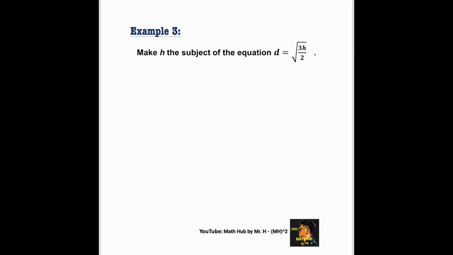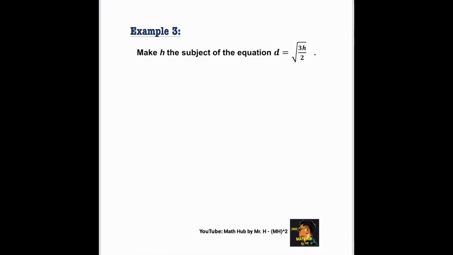Okay, so for this question, we were asked to make h the subject of the equation d equals the square root of 3h divided by 2. First of all, you notice that h is inside the radicals, and our goal is to make that variable the subject of the equation.